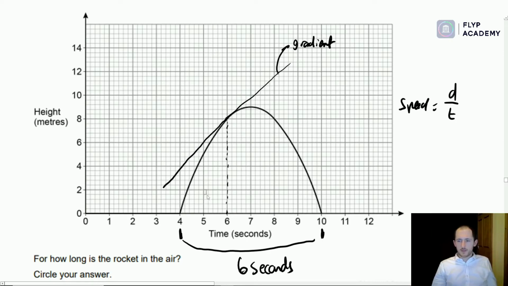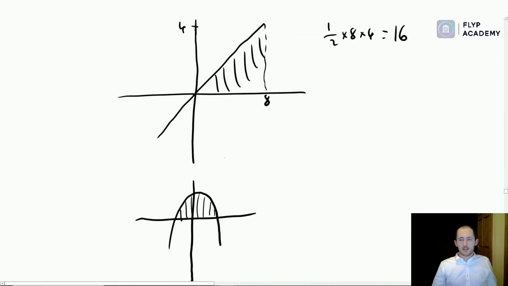One thing you can do is count all of these little squares, and that will be your area. And where you have half squares here and here, you can join them to make one square, right? Or you could model this as a triangle or a trapezium and work it out that way. But either way, you should be able to make a decent guess at what the area should be.